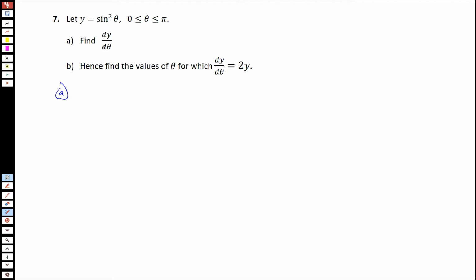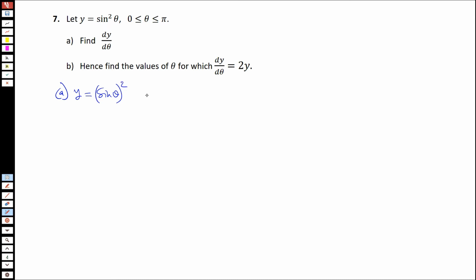So basically, to find dy over d theta, the derivative of this function, you can notice that this function is squared, which means we have a function inside another function. So let me just write that this is the same as sine theta squared.